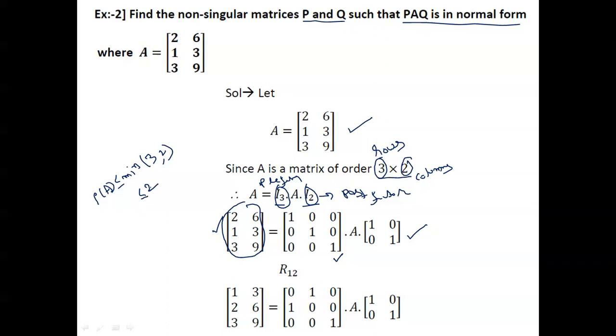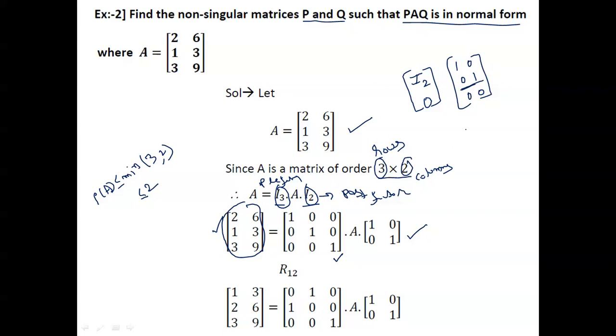So rank is 2 or below 2. Suppose rank is 2, one of the possible normal forms is I2 0. That means 1 0, 0 1. Next 0 0. This is one of the normal forms.